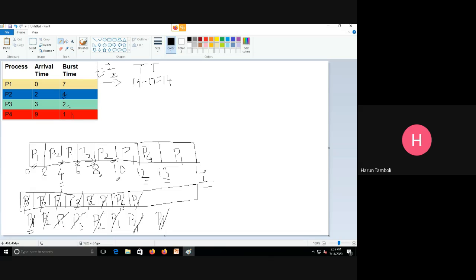For P2, complete execution at 10, so 10 minus 2, it is 8. P3 completes execution at 8, so 8 minus 3 is equal to 5. And P4 completes execution at 13, so 13 minus 9, this is 4.